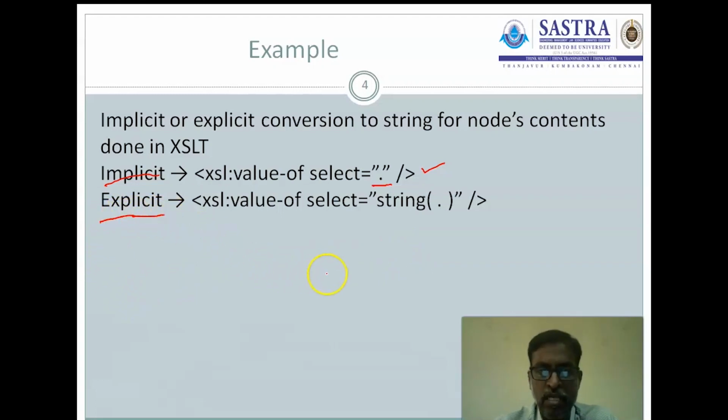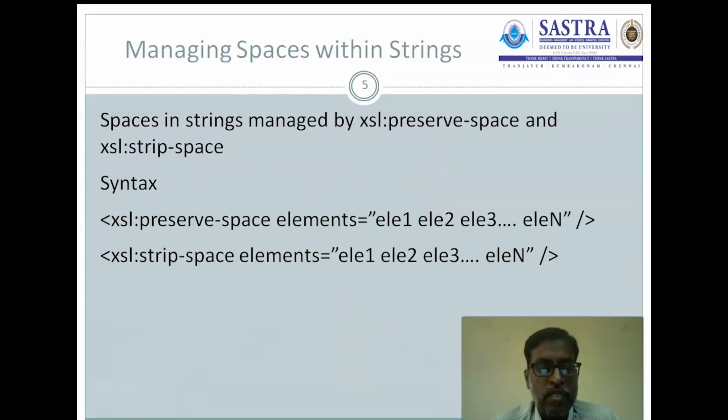In those cases, we can make use of explicit conversion, in which the string function is used. string of dot must be enclosed within double quotes, and this value must be there in the select attribute.